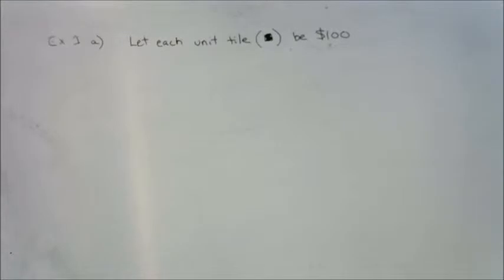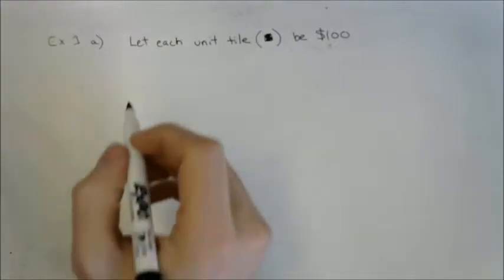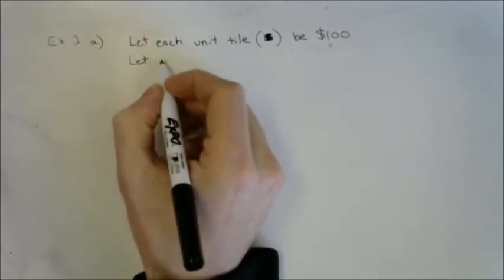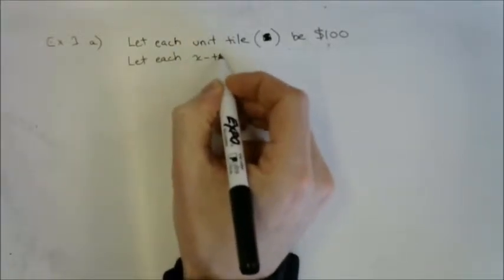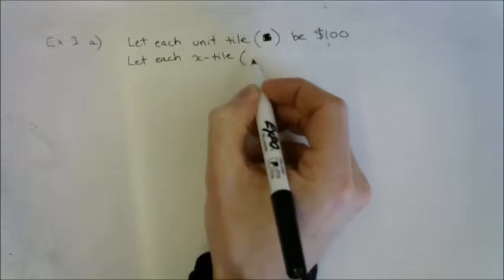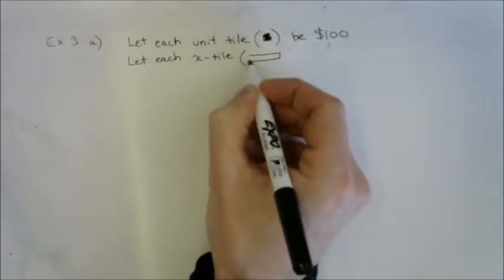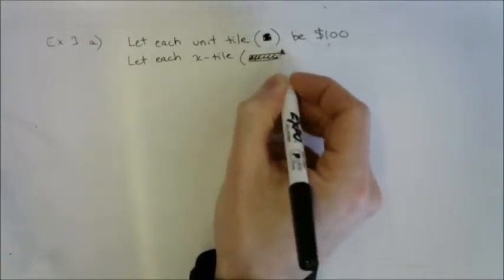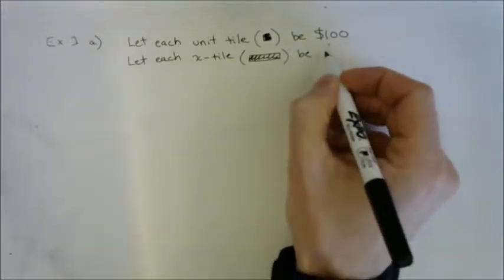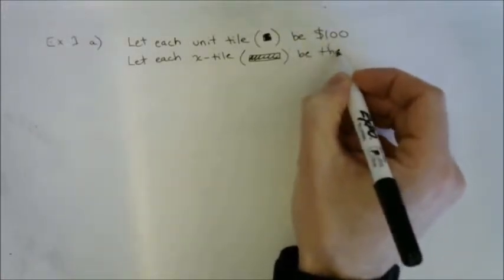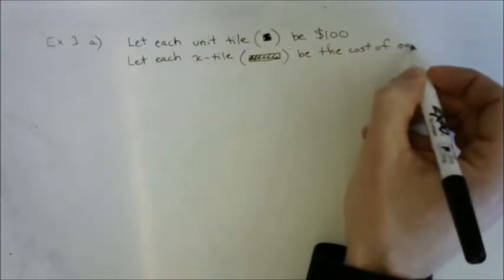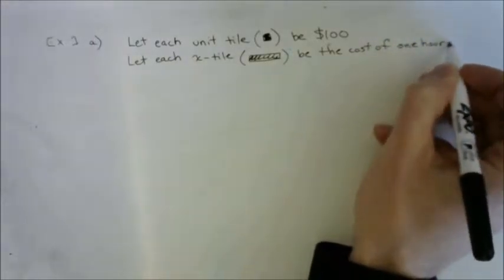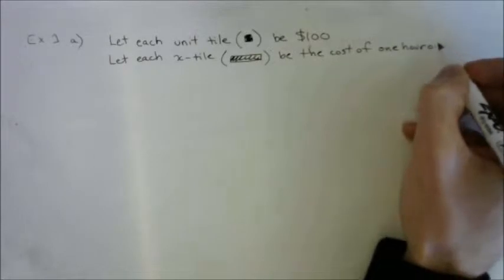So we could represent that using a variable. Let's let each x tile, which looks like this, be the cost of 1 hour of labor.